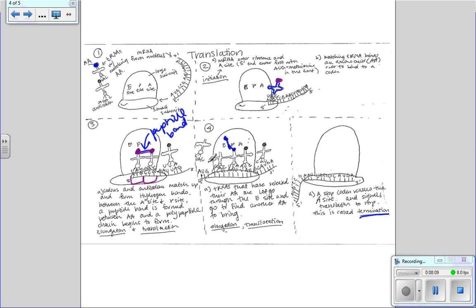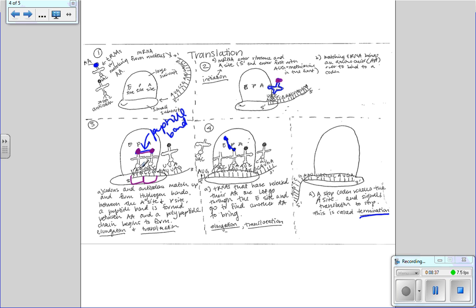Okay. So next, now that we've bonded 2 of them together, what's going to happen is that this original tRNA is going to move over to the E site. We're going to move in one more codon, and once the tRNA moves from the P site to the E site, the tRNA releases its amino acid.